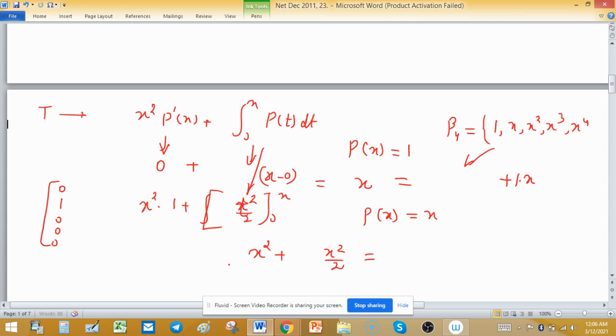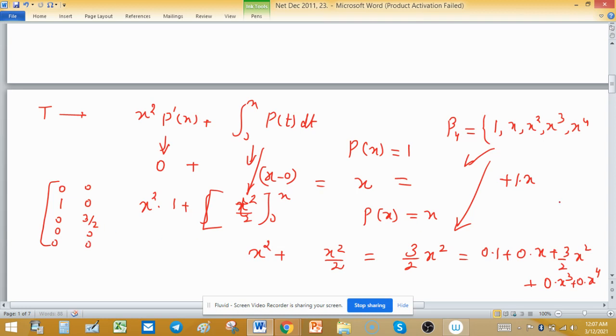Now 1 plus 1 by 2 is 3 by 2, so 3 by 2 x square. Write this image with the help of the codomain basis: 0 into 1 plus 0 into x plus 3 by 2 x square plus 0 into x cube plus 0 into x raised to the power 4. So the second column is 0, 0, 3 by 2, 0, 0, and A32 is the entry we already obtained, 3 by 2.